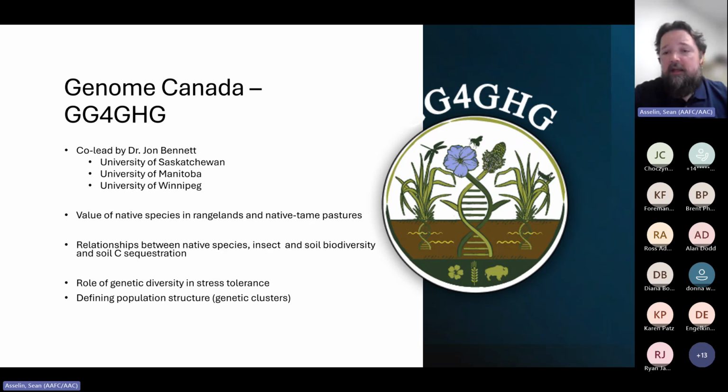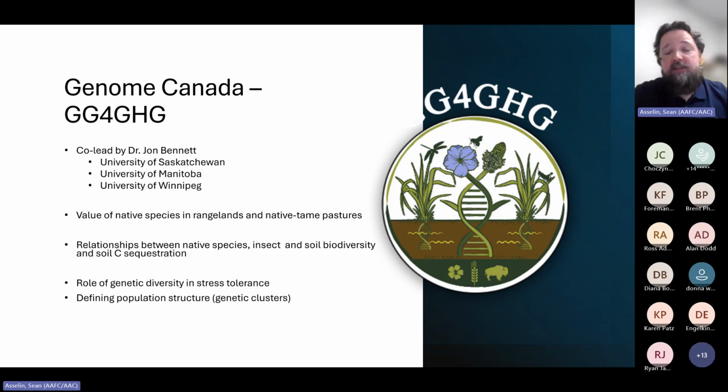We're also looking at microbial communities as well as insect communities as potential indicators of future carbon sequestration or other beneficial ecosystem services, such as hosting beneficial insects that help reduce aphid populations or other problematic insects.